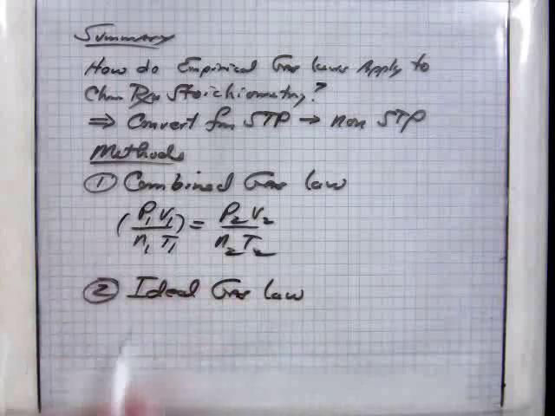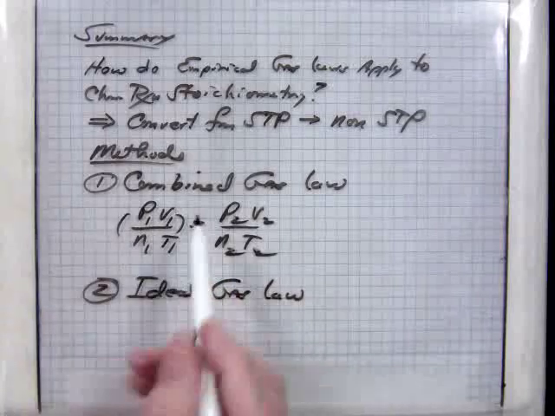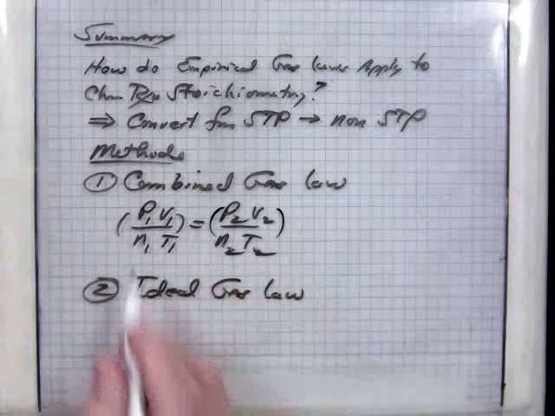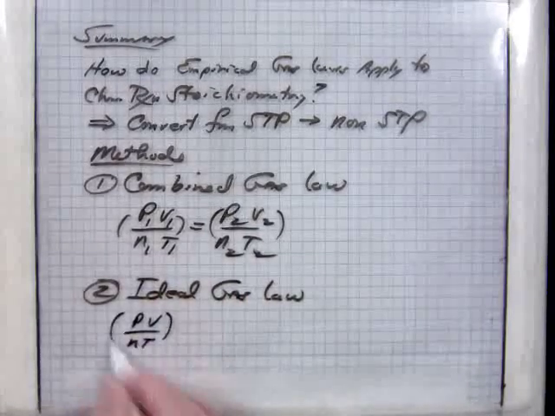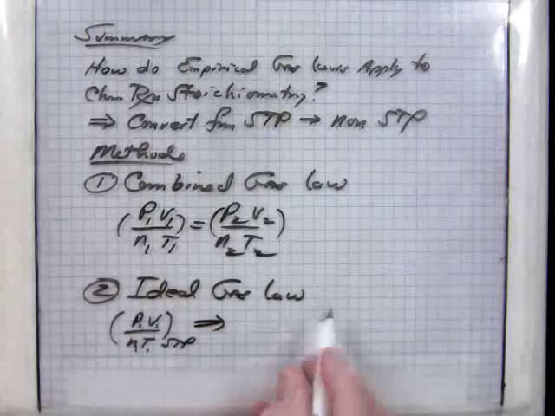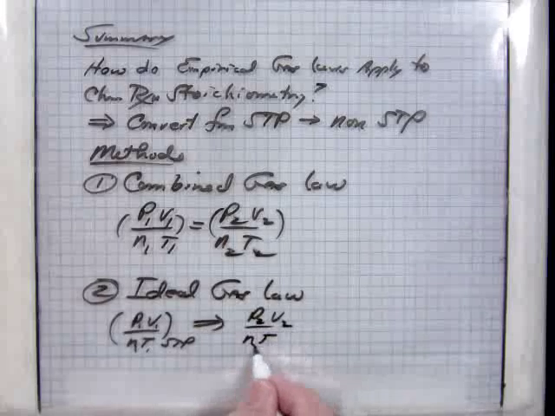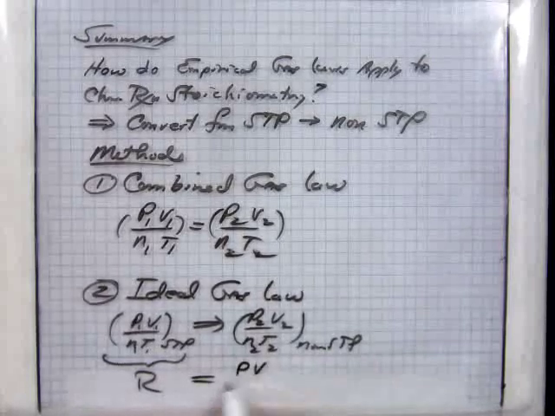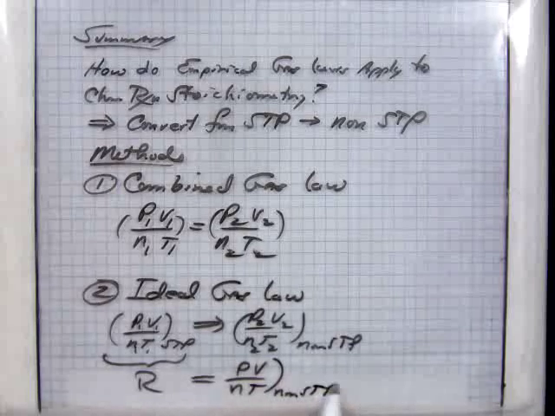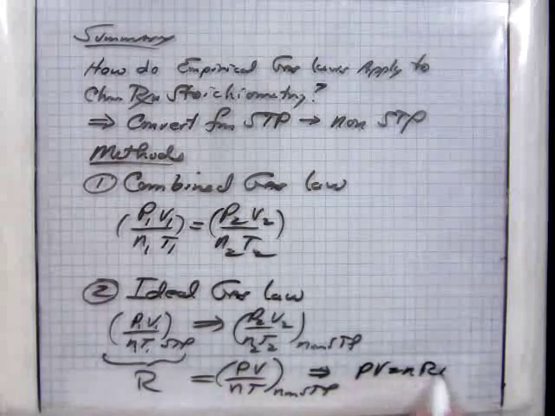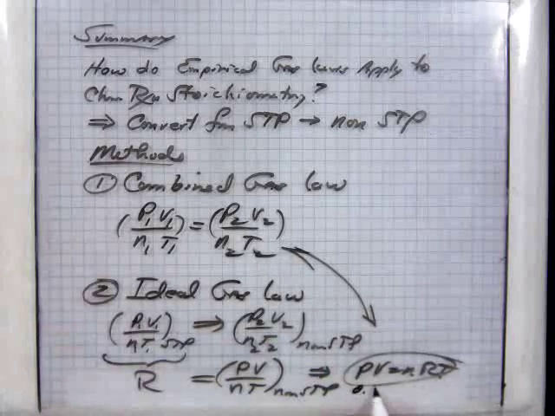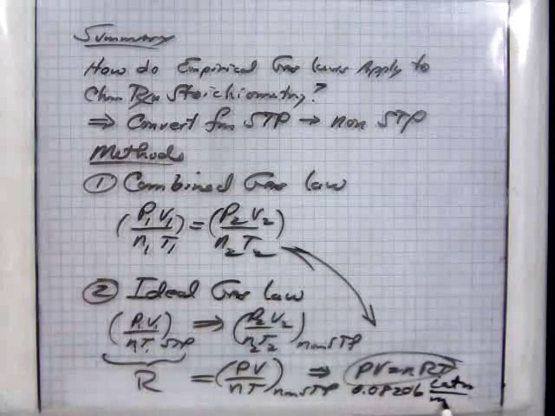Everything goes back to STP, and you will have volumes when neither side is standard. For the equations, PV over nT at STP goes to PV over nT at non-STP, and this part becomes the R value, which leads to PV equals nRT, the same thing as the combined law, except the R value is 0.08206 liter atmospheres over mole Kelvin all the time.